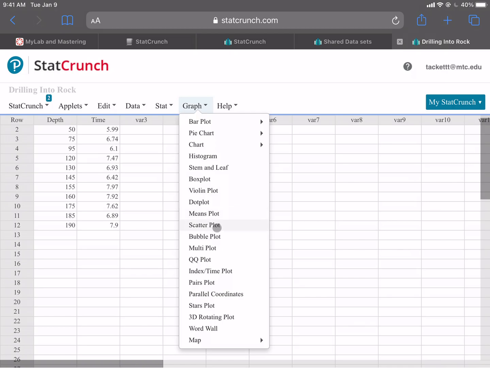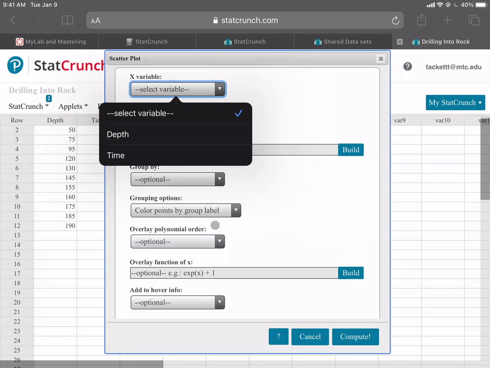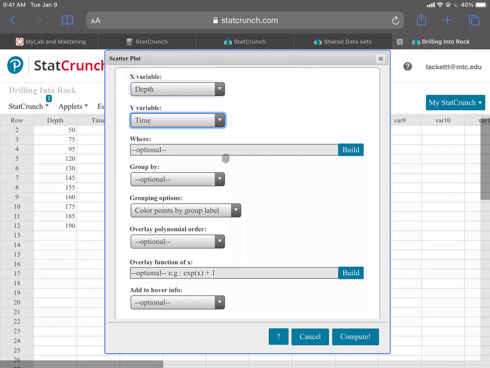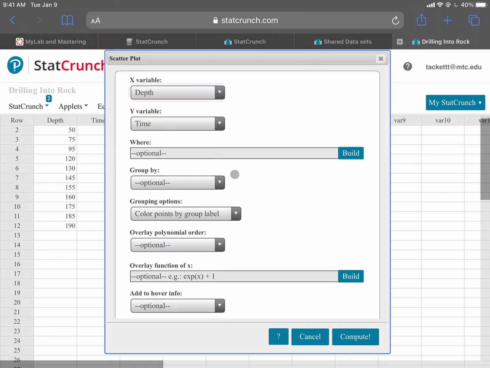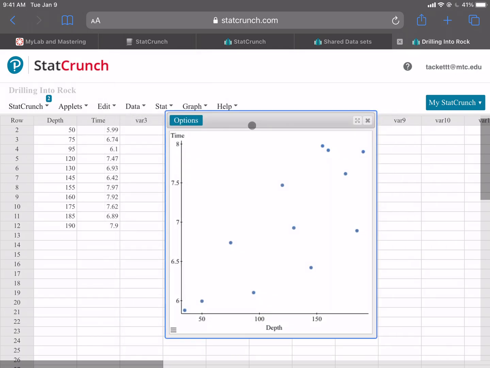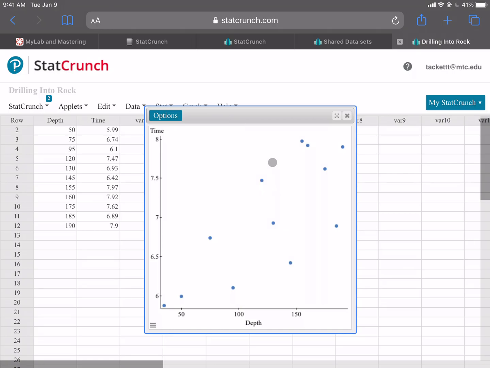You hear it called multiple things. You do have to select what your x and your y variable is. So our x variable is depth and our y variable is time. And we really don't need to do anything else here. I'm going to compute it, and that's what it looks like.